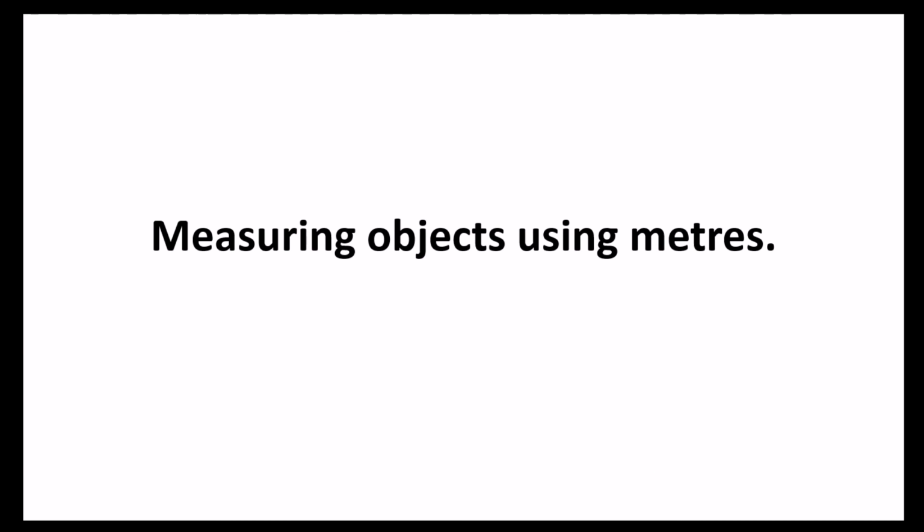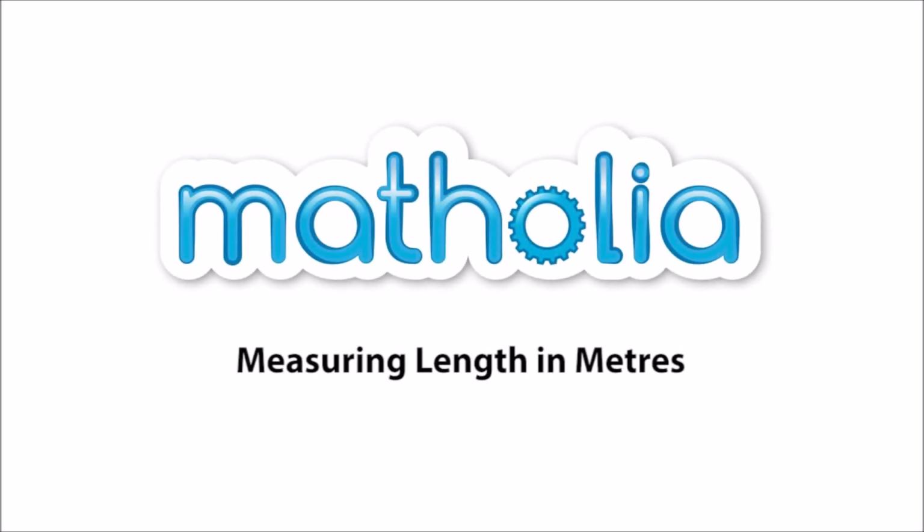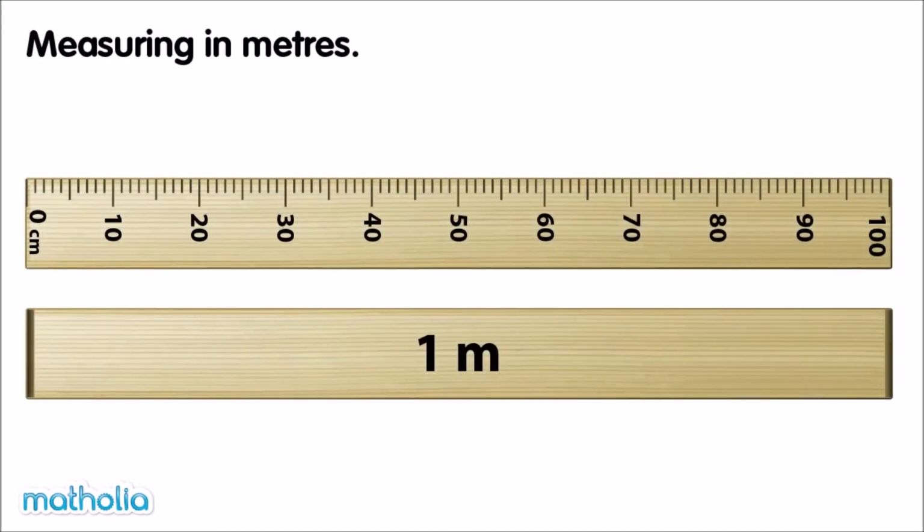Okay, grade 2s. What about measuring objects using meters? Let's have a look at how we can measure objects using meter rulers. Measuring in meters. Both of these rulers are 1 meter long.